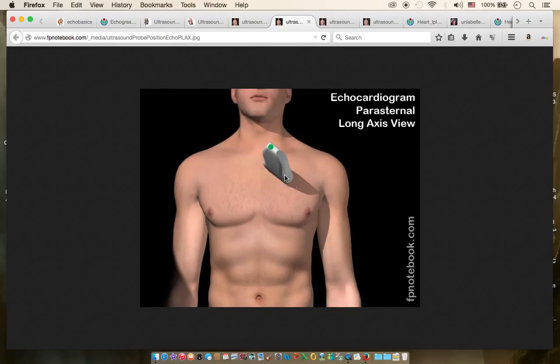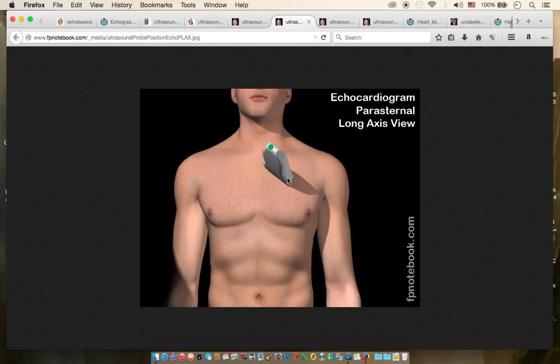Very important here, you see this is the transducer. It is pointed to the right shoulder from this side, and from the other side toward the left elbow.